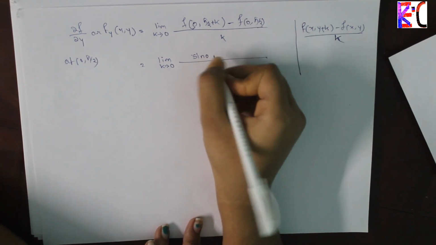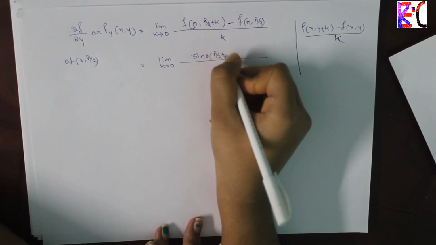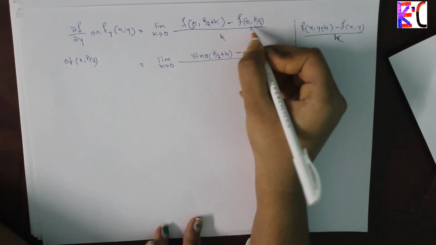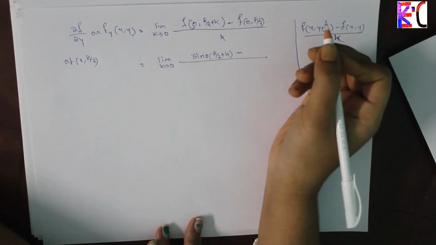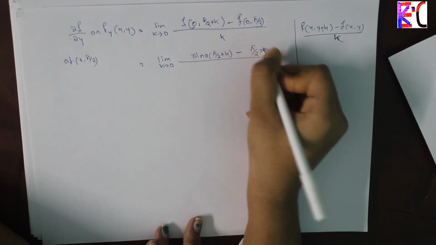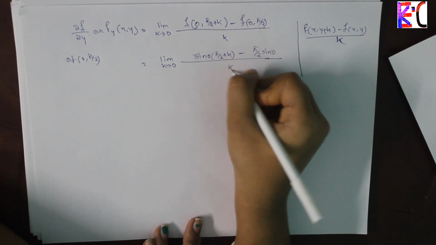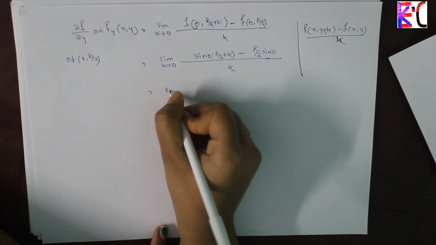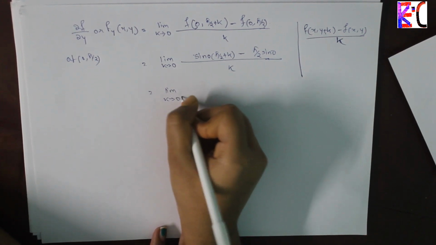So we get sin 0 into pi by 2 plus k, minus f of 0, pi by 2, that is y into sin x, y is pi by 2 and sin x is sin 0, by k. Limit k tends to 0.